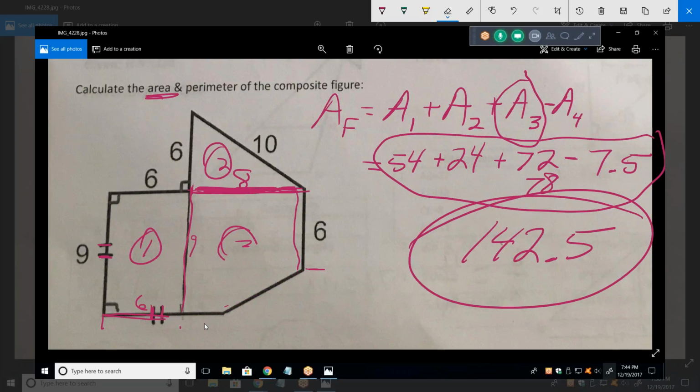There are a couple of ways I could have done this. I didn't have to draw that triangle. I could have broken this up into a second rectangle, and then I would have had a trapezoid there. I could have figured out the area of the trapezoid as long as I knew this distance here.